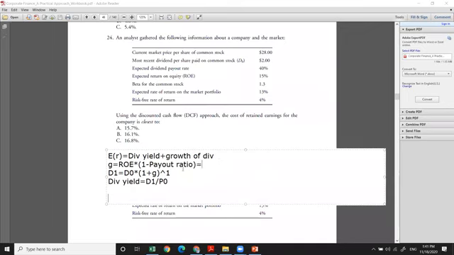We are given the return on equity, 15%, times 1 minus payout ratio, how much money is paid and how much is retained. The payout ratio is 40%, so the retention ratio is 60%. g is 15% times 60%, which is 9%.